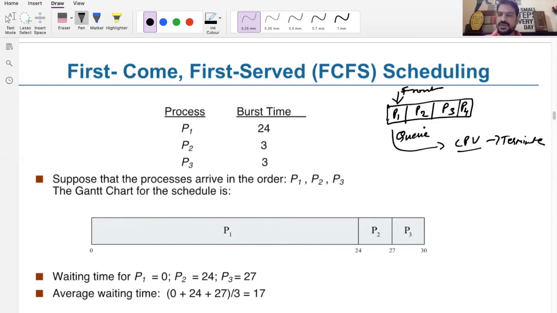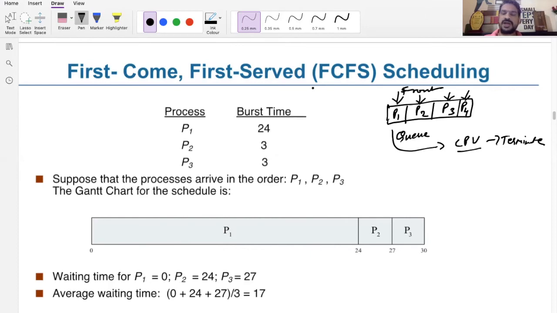Then the CPU scheduler again picks whoever is at the front, because we have just deleted the previous one, so the front now points to P2. P2 comes into the CPU, executes all its instructions, and terminates. Then P3 comes, executes and terminates. Then P4 comes, executes all its instructions and terminates.